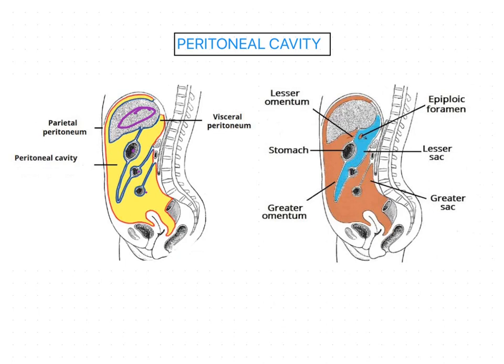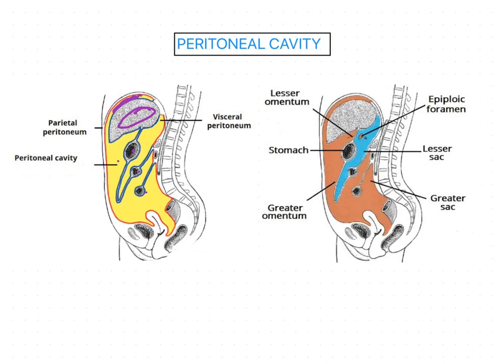Once these visceral organs are invaginated, you can see the space is reduced between the parietal and visceral layer. So simply we can say the peritoneal cavity is a potential space that exists between the parietal and visceral layers of the peritoneum.